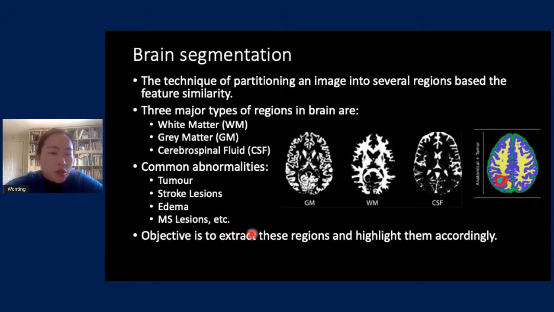We can also use it to look at the MS lesions as well, which are quite small dots on these scans. So the objective of brain segmentation is to extract these regions and highlight them as accurately as possible to aid the clinicians or physicians to make diagnosis.